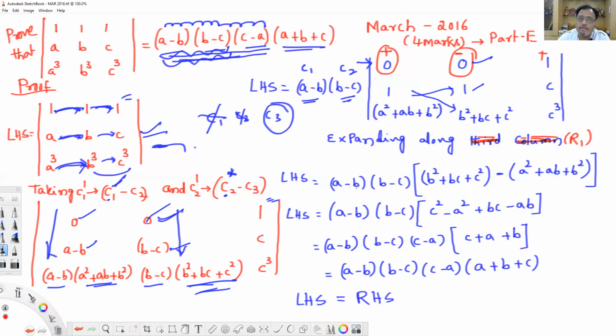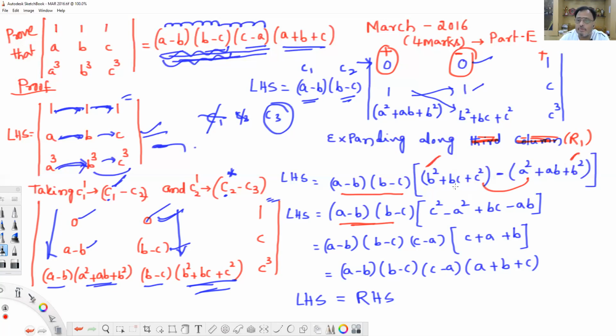We already have A minus B into B minus C as common factors, plus 1 into B square plus BC plus C square minus A square plus AB plus B square. Here I have written C square minus A square, and I think B square gets cancelled.